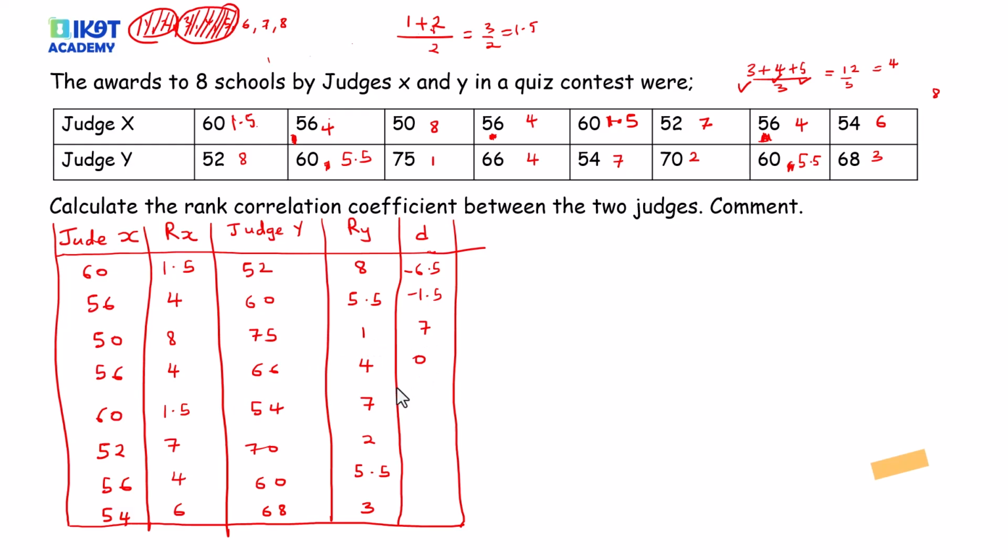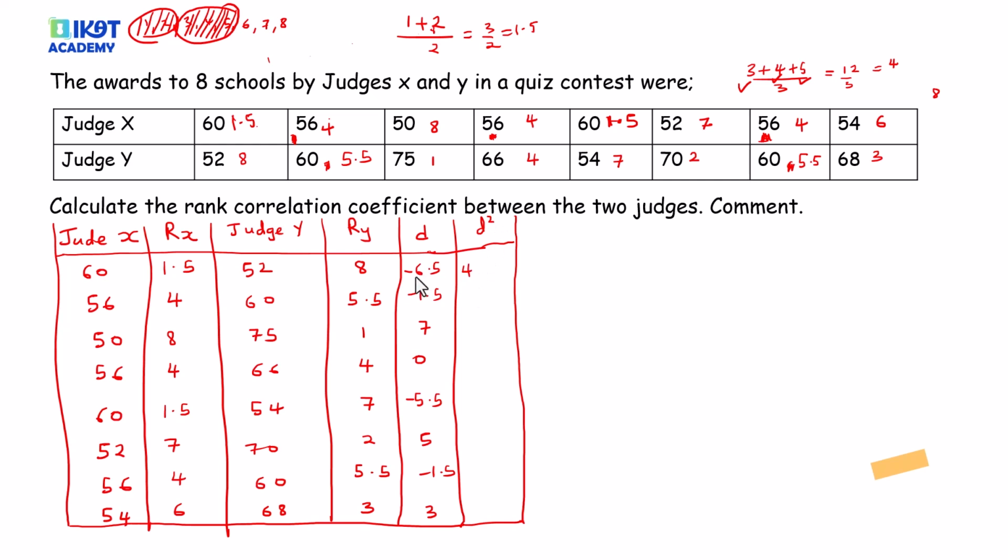Gets 0 here. Negative 5.5. And here we get 5. Here we'll get negative 1.5, and here we'll get 3. So still you can test this by adding and it will give you 0. However, that's not even needed. It's just to help show you whether you've made any obvious mistake with your ranking.